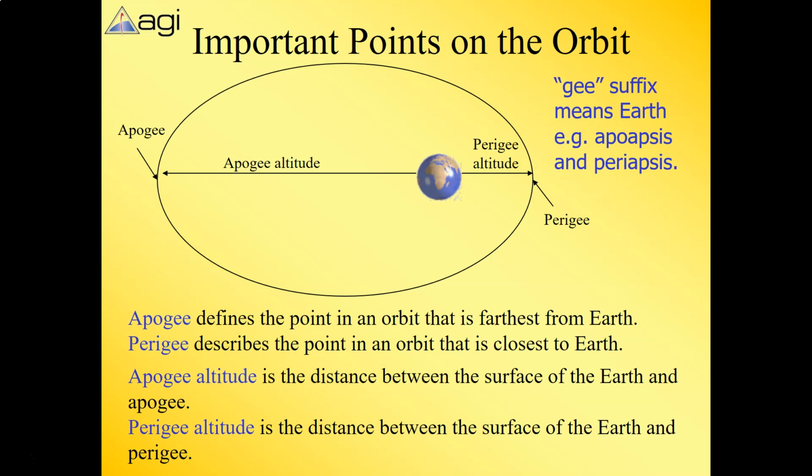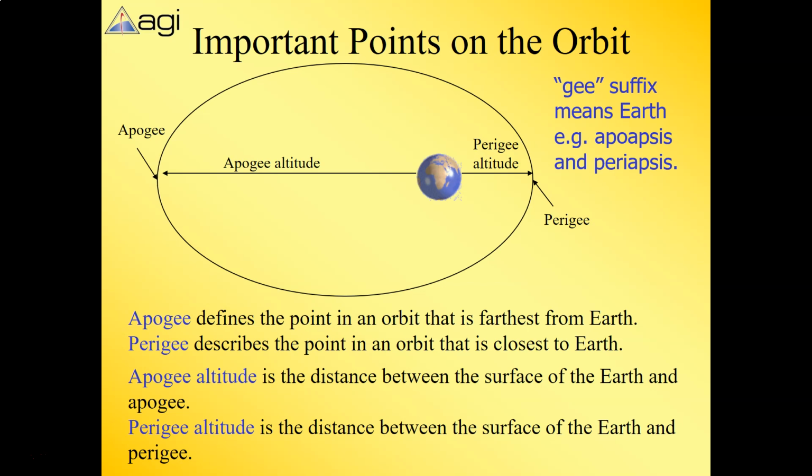You get to 1 and beyond, and you're getting into parabolic and hyperbolic, where you have an open or non-closed orbit.